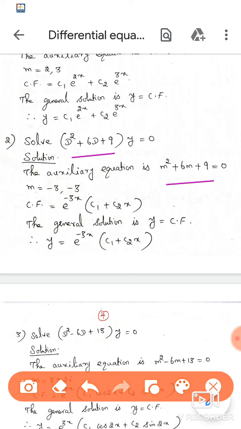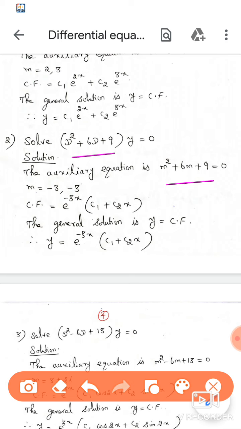Now the roots of this auxiliary equation are m is equal to minus 3, minus 3. Minus 3 twice. Here the roots are real and equal. So the complementary function is e power minus 3x (c1 plus c2 x).